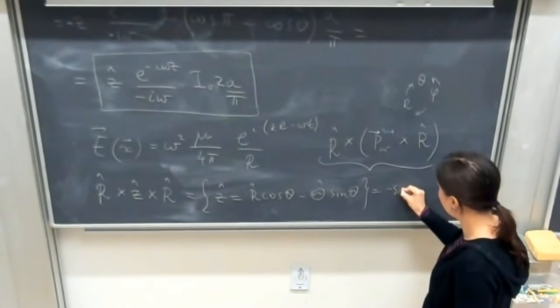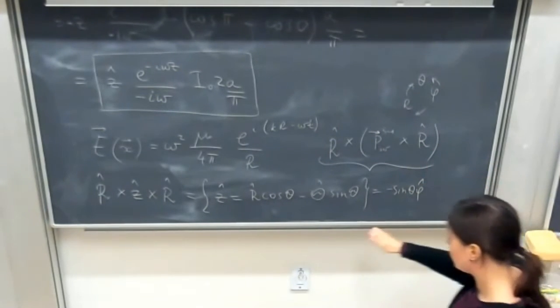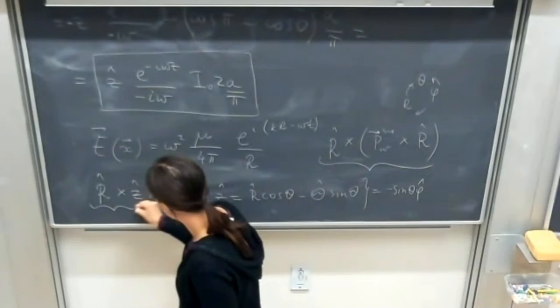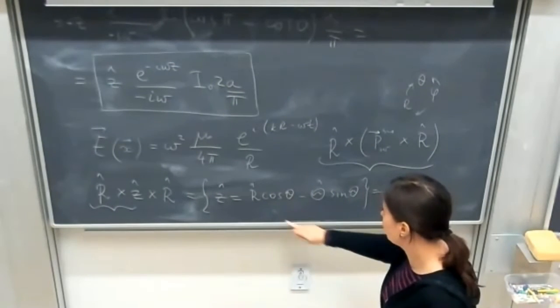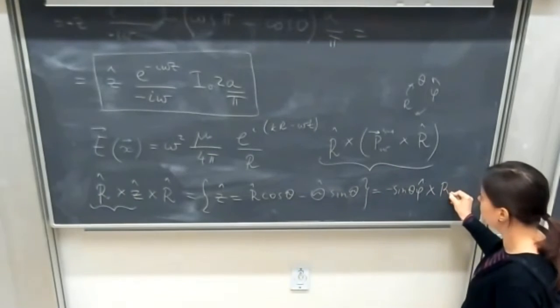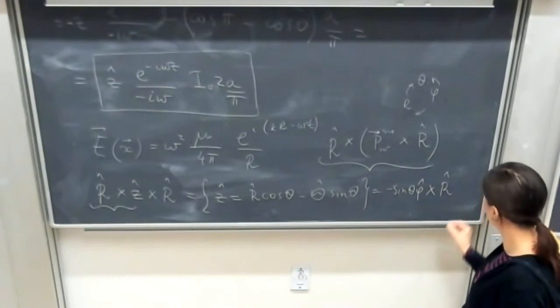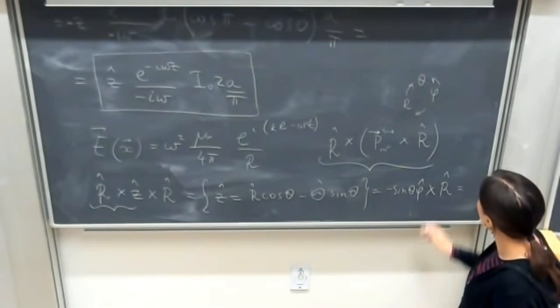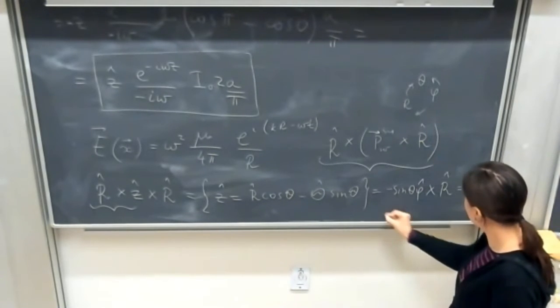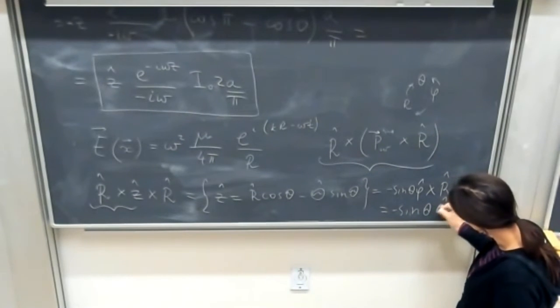So minus sine theta in the phi direction. So that's what this part was. And then times R again. Phi times R is again theta. So minus sine theta in the theta direction.